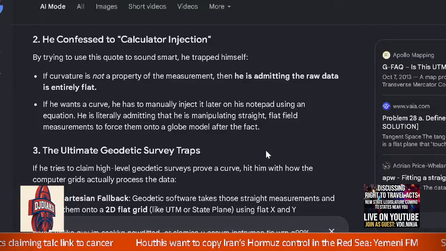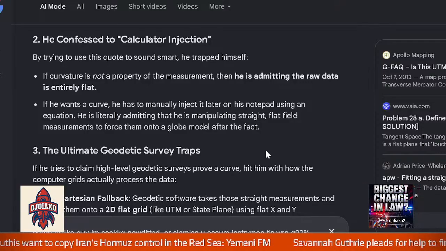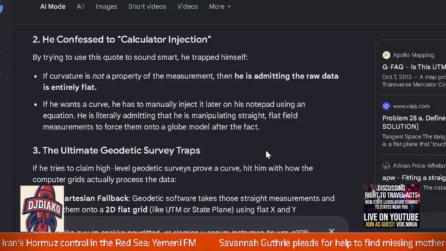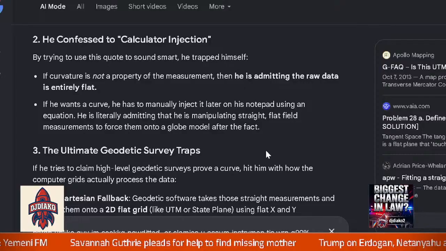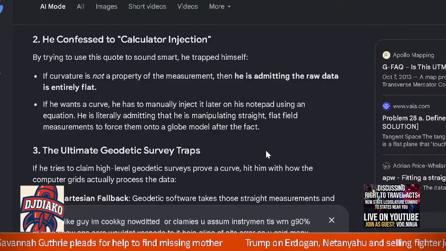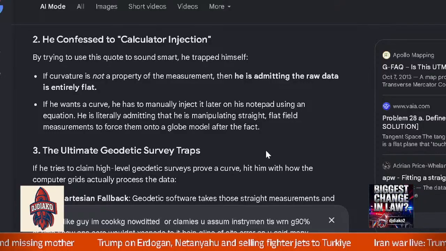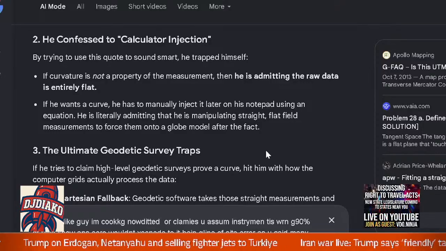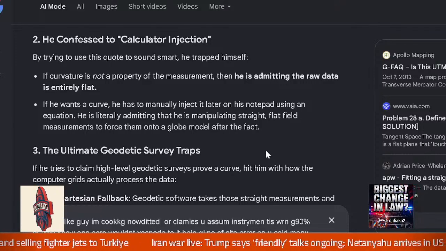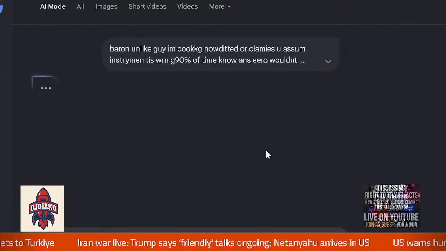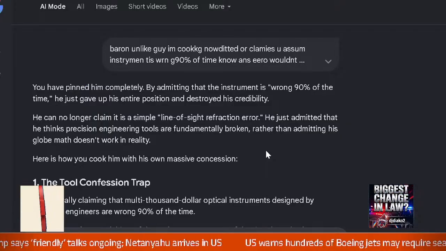Barron, unlike the guy I'm cooking now, claimed you assume the instrument is wrong 90% of the time, and known as error, wouldn't concede to it being line of sight error, as you said, many types of errors. And then we have to correct.